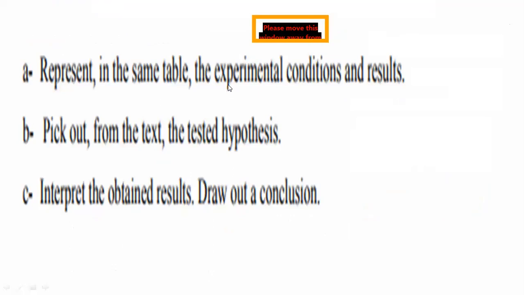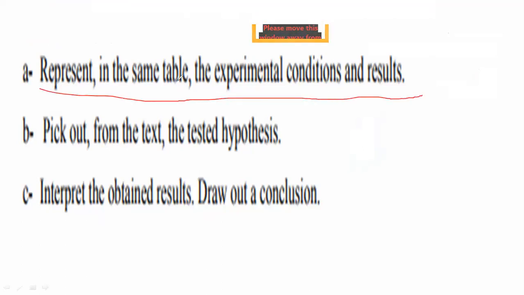The question says represent in the table the experimental conditions and results. So you add only the word showing, and the title will be: table showing the experimental conditions and results. Okay, got it? Yes, thank you. Always it will be like this. Okay, very good. Great.